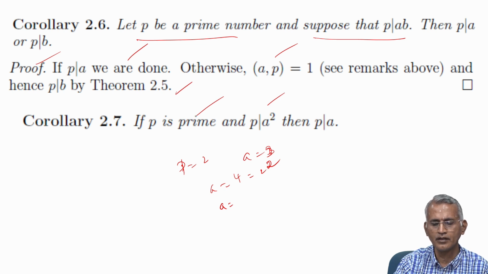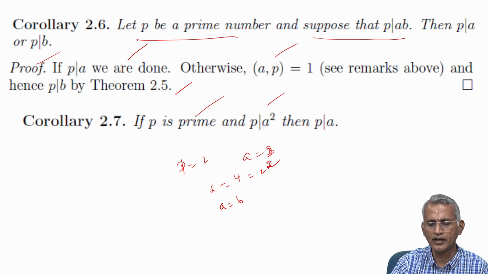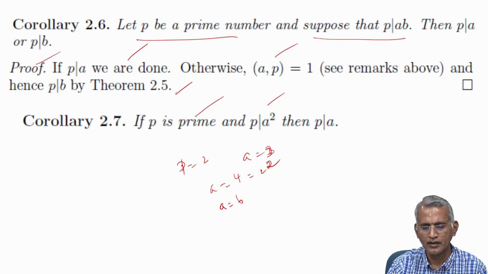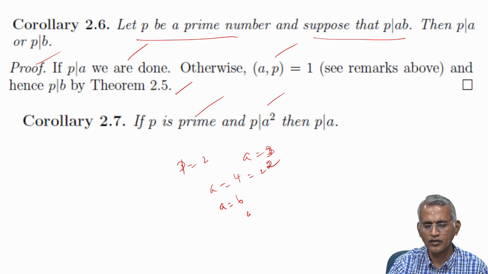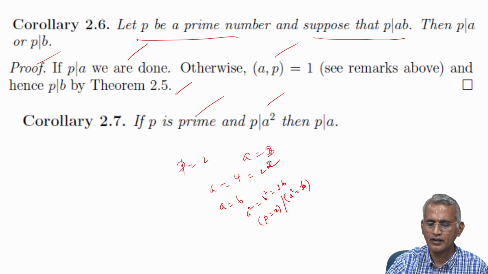Say for example, a equal to 6, and then a square equal to 6 square equal to 36. Then p equal to 2 divides a square equal to 36, and definitely 2 divides 6 is true.